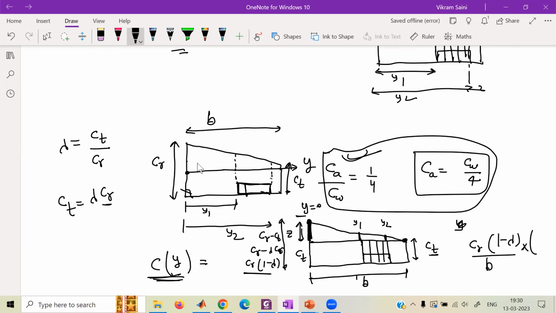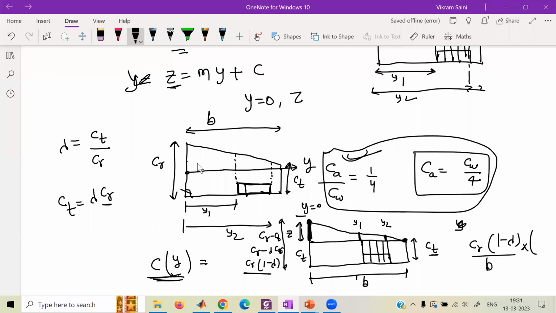One is y equal to 0, where z is equal to CR(1 minus lambda). When y is equal to b, z is what? Can anyone answer? So y is equal to b, what is z?